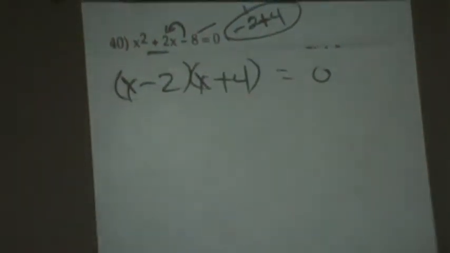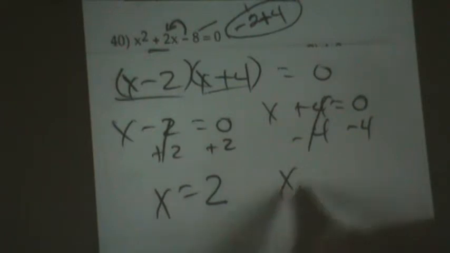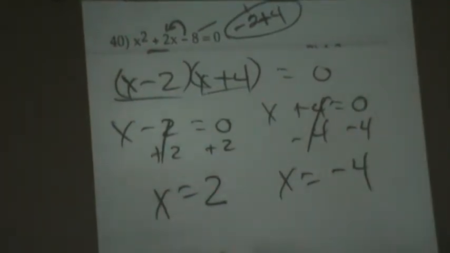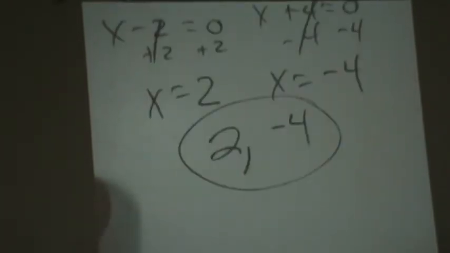The 4 needs to be positive. Set each factor equal to 0. Add 2 to both sides. X is 2 and negative 4. So 2 and negative 4 are your answers.